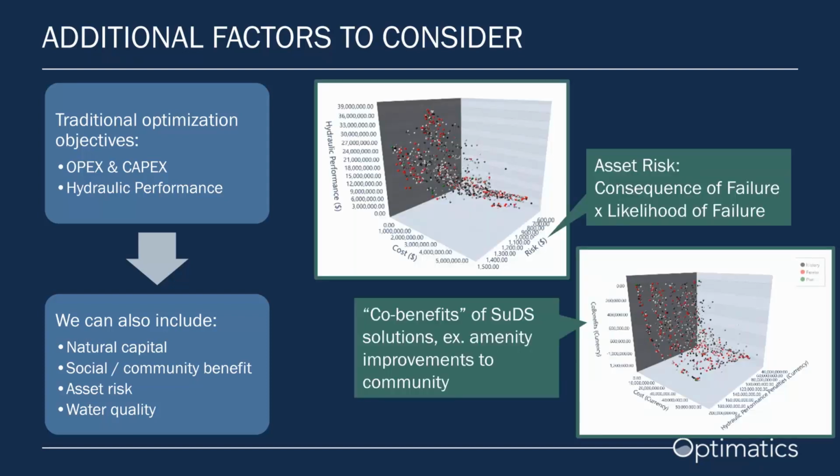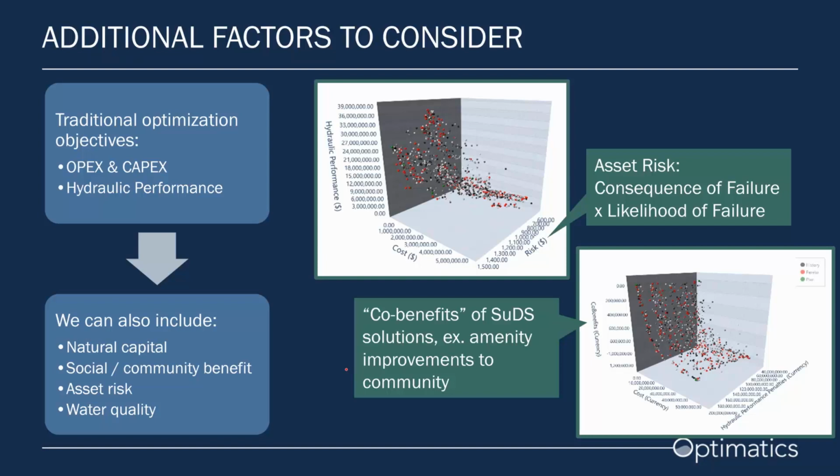And here I've got some examples of some conceptual three-dimensional optimizations. So previously we were looking at cost and performance, and it's very easy to simply add a third objective, and maybe we're quantifying the additional benefits of SUDS, or the environmental benefit of including green infrastructure.